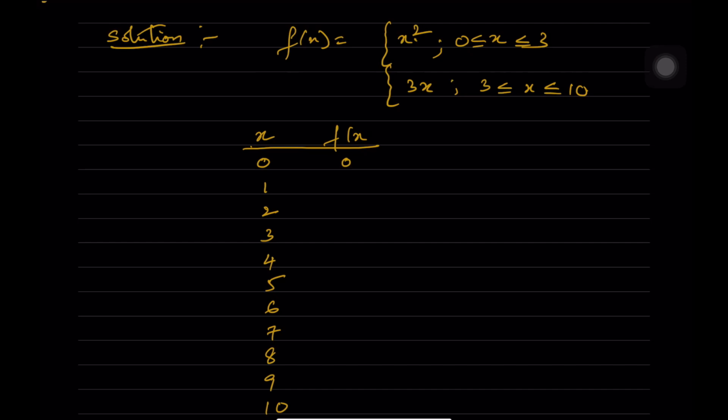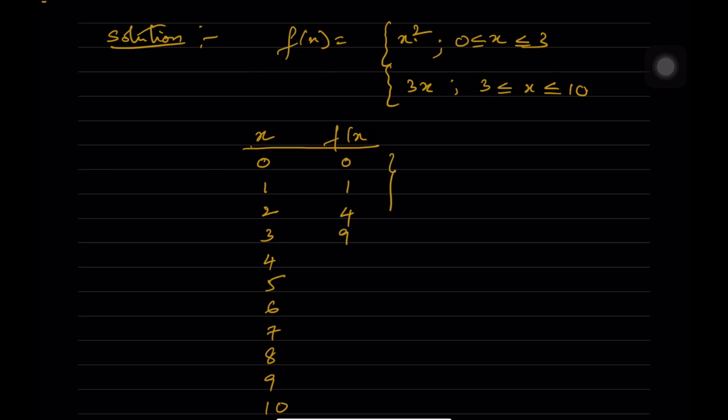When x is 1, f of x is 1 square, that is 1. When x is 2, it is 4. When x is 3 it also takes x square, so this is 9.